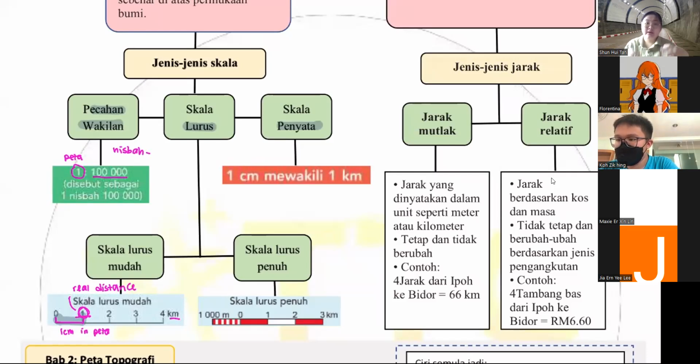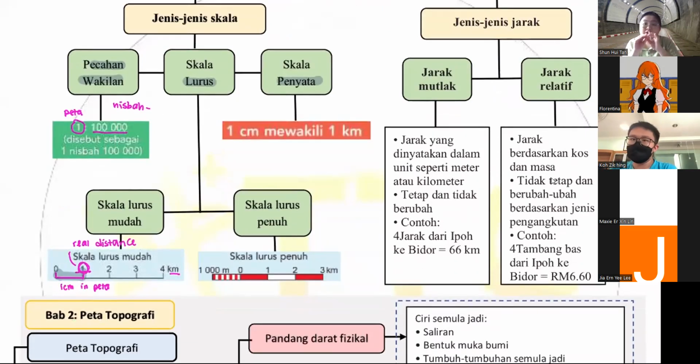Now, for the theory question, they might ask you. We have 2 types of jarak: mutlak and relatif. Mutlak is a very formal way to tell people about your distance. Normally we use meter or kilometer, like, I'm 300 meters away from you, or I'm 30 km away from you.